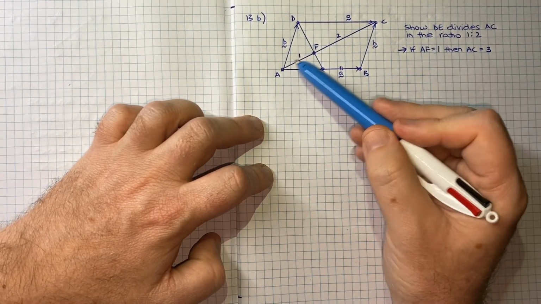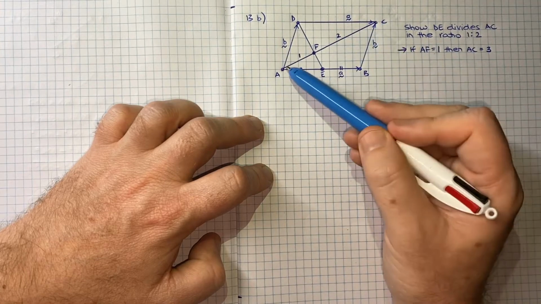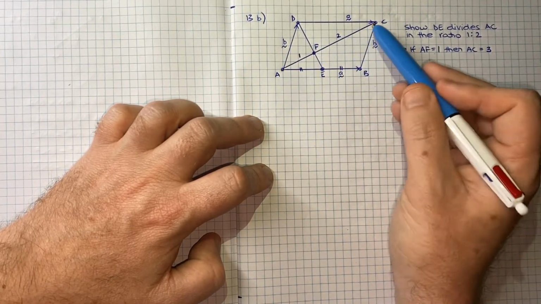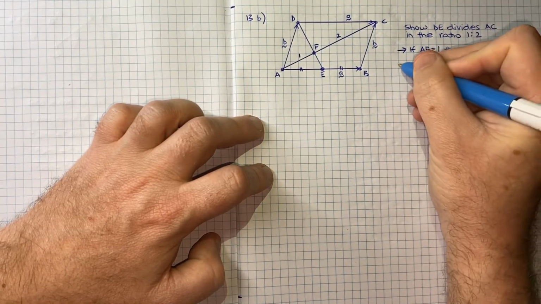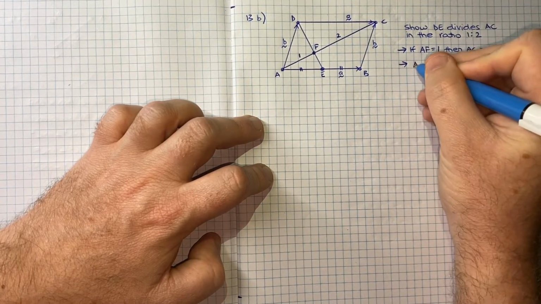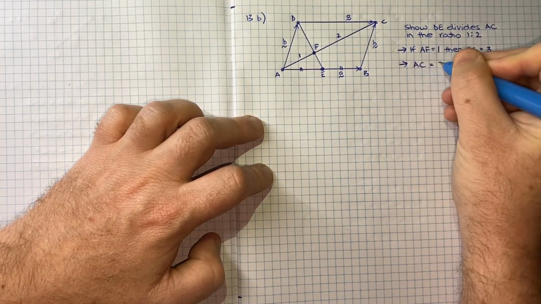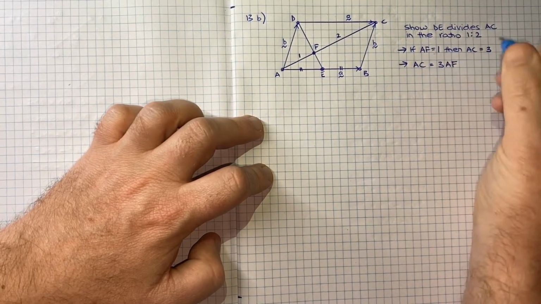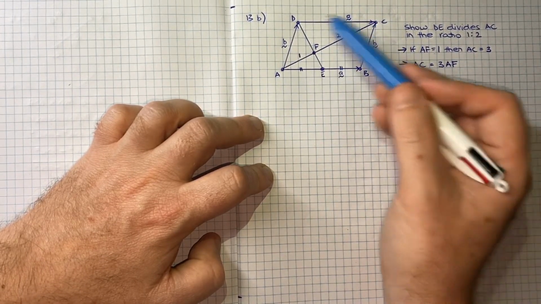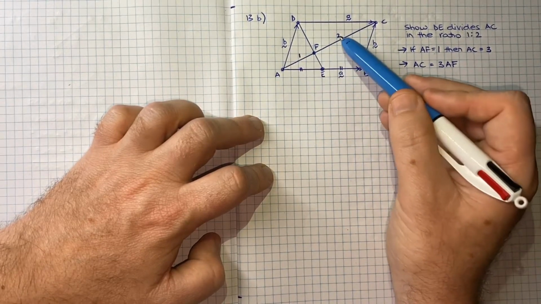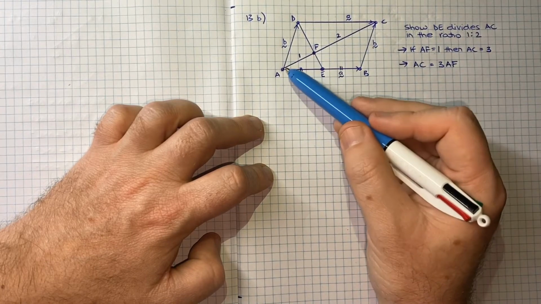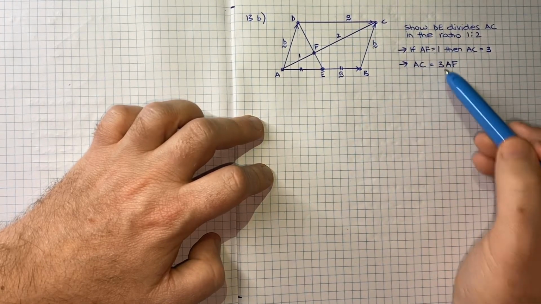We're comparing A to F and then A to C, rather than A to F and F to C. In generic terms, what we're really saying is that AC is equal to 3 times AF, because we don't actually know if AF is 1 or not. We're not given lengths here, this is just a ratio. So whatever AF is, AC will be 3 times as big.